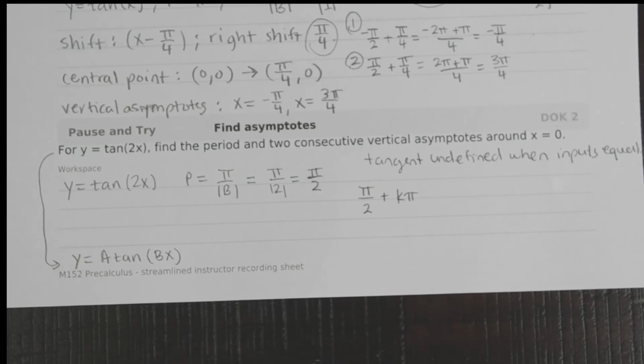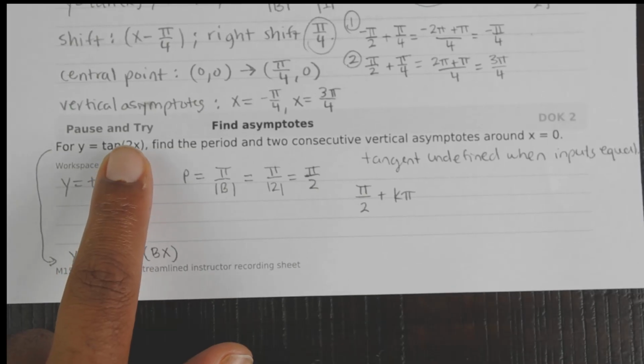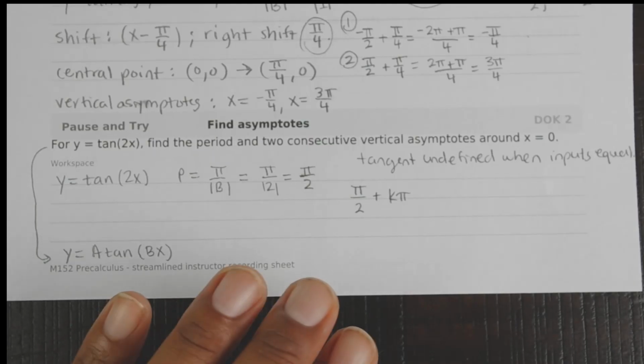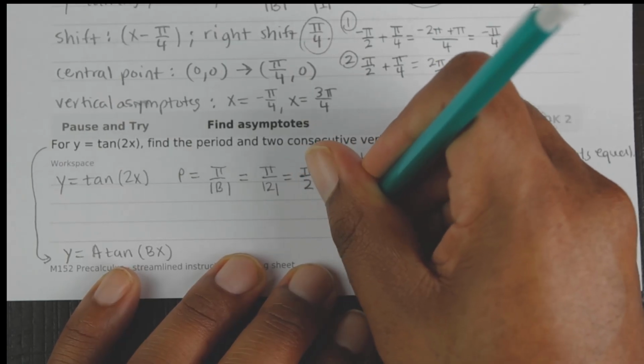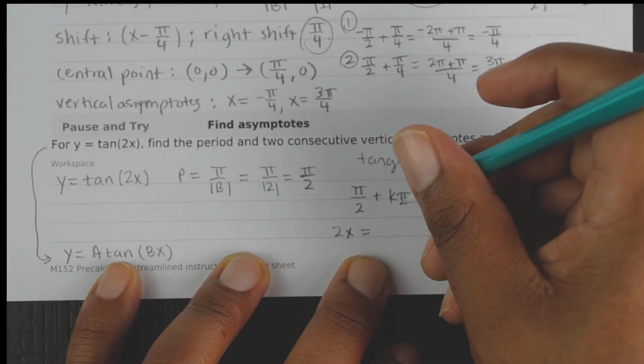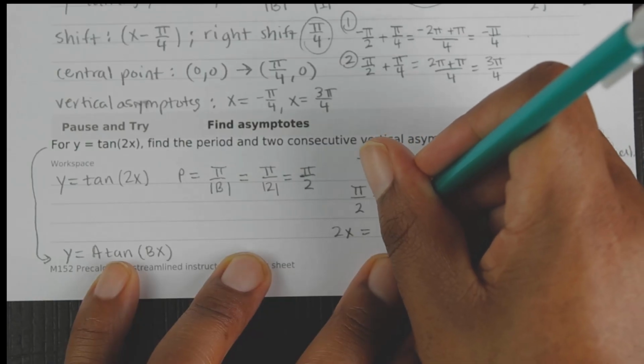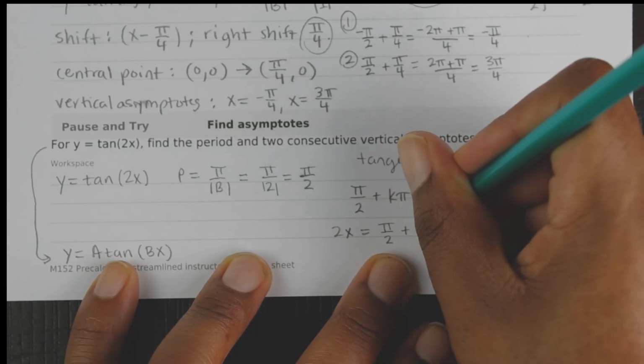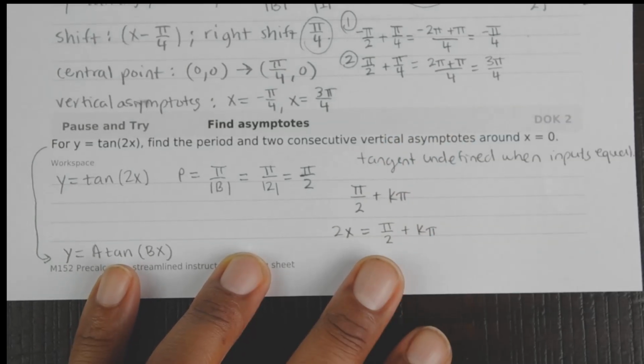Now, the input here is 2x, as you can see. So remember, that would be what's happening with the x, right? So essentially, that is 2x equals pi over 2 plus k pi.